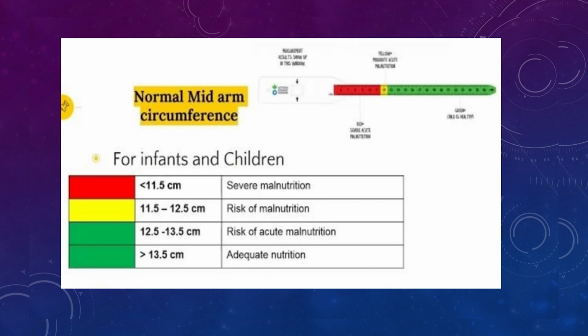It is not a malnourished child, but less than that is suggestive of either mild or moderate acute malnutrition, or when it is less than 11.5 centimeter, it is called severe acute malnutrition. So, this is a very important equipment in the diagnosis of malnourishment.